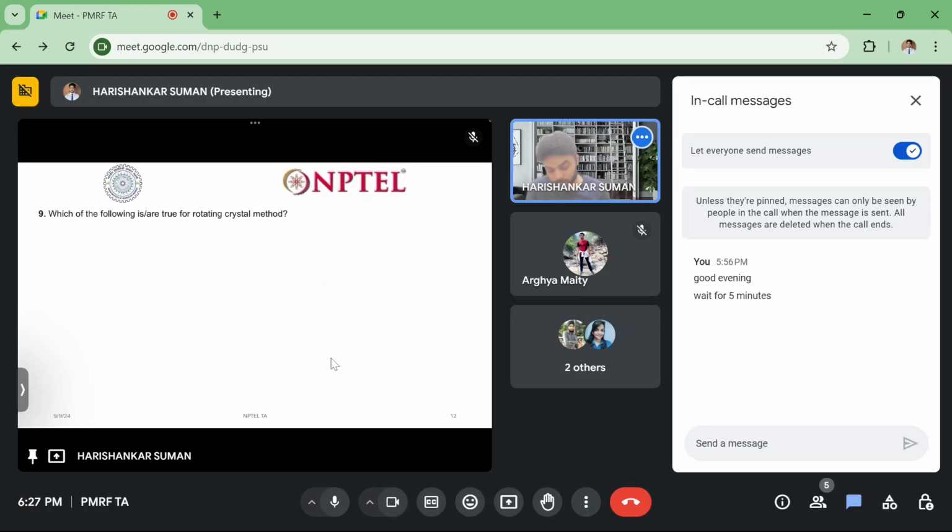Next question: which of the following is true for rotating crystal methods? Wavelength of X-ray is fixed, or wavelength of X-ray is in a range; diffraction angle is fixed or variable. These are the options. You can choose the correct options.